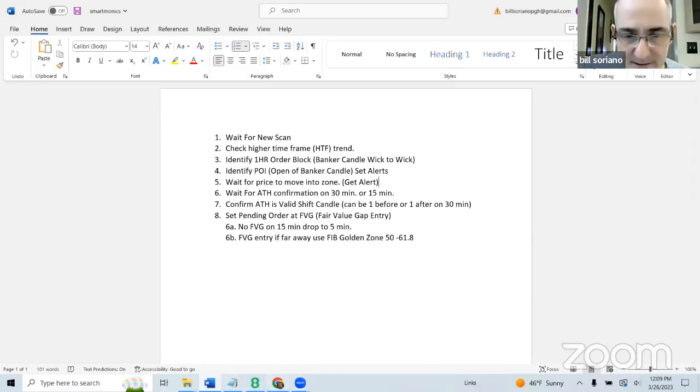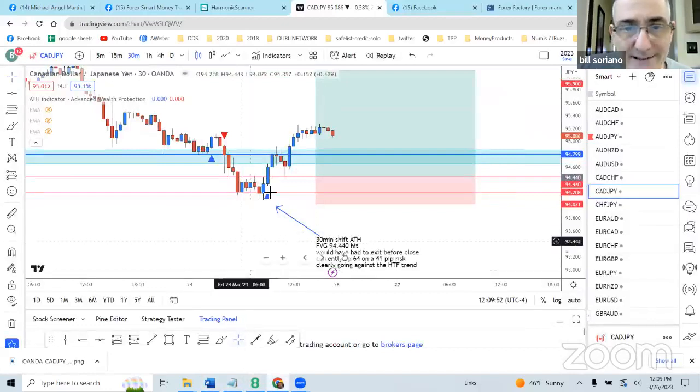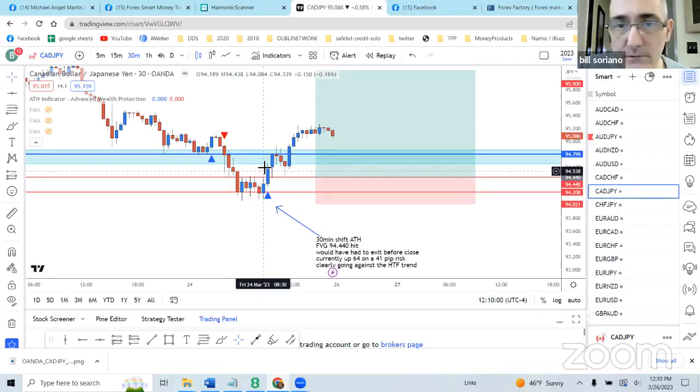Sometimes what happens is on this candle before, this wick may go all the way up to here, or this candle body may be all the way up to here or even higher. Maybe the wick's higher, but the body's not. There's no fair value gap there. If there's no fair value gap, then we have to go down to the 15, okay?